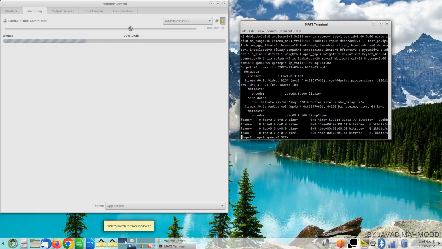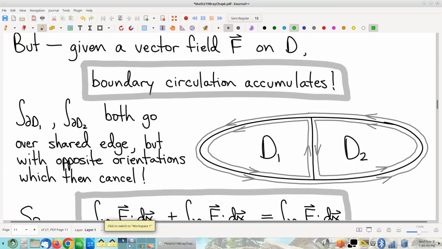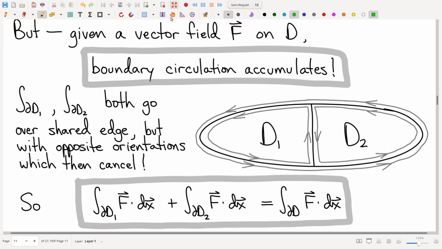Okay, so picking up where we left off last time, we were talking about accumulating quantities, and we noted in particular that mass is an accumulating quantity.